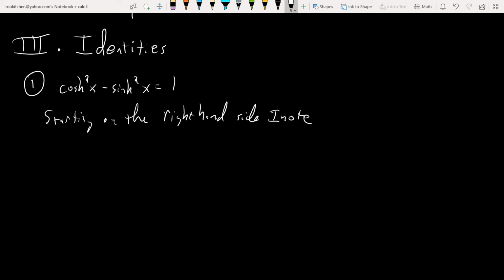Some sort of variation on that theme. Traditionally, we start on the more complicated side, so in this case, cosh squared x minus sinh squared x, and then we use algebra to get to 1, right?